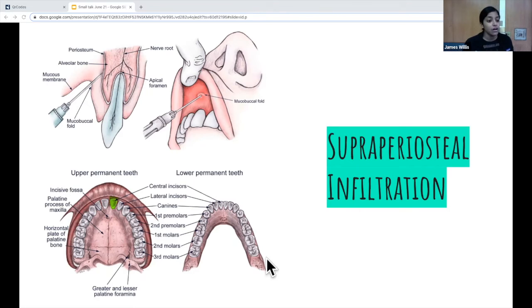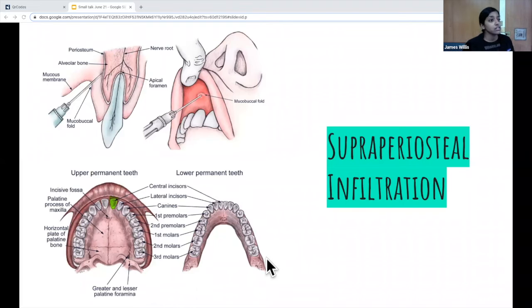In order to do this block, you're going to find the mucobuccal fold overlying the tooth that you want to anesthetize. So you use your non-dominant hand, lift the lip up and outwards, find the mucobuccal fold in the spot that's directly centered over the tooth that you want to anesthetize.